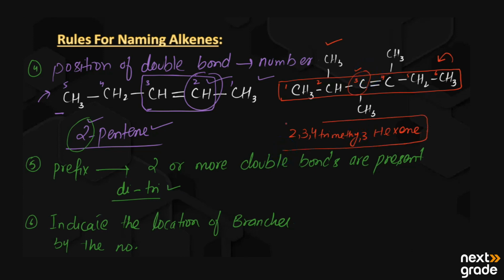So this is the name of this compound: 2,3,4-trimethyl-3-hexene. We must first choose the longest chain, then start the numbering where the double bond has the lowest number, along with the lowest numbers given to the substituents or branch chains.